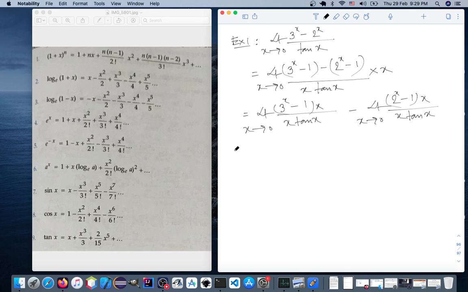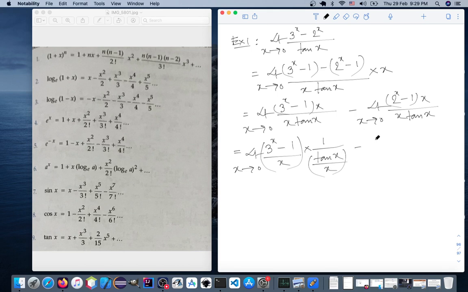Now we have this 3 to the power x minus 1 by x. This is the standard result. And then over here, we bring the x down, we get 10x by x.